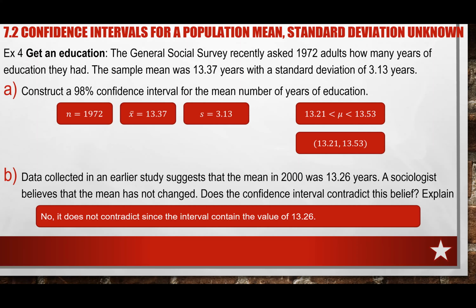But for now, the idea is if your interval includes the specific number, then we say it depends on what the question is. So again, this does not contradict the belief. The belief doesn't change, we have no proof that it changed.